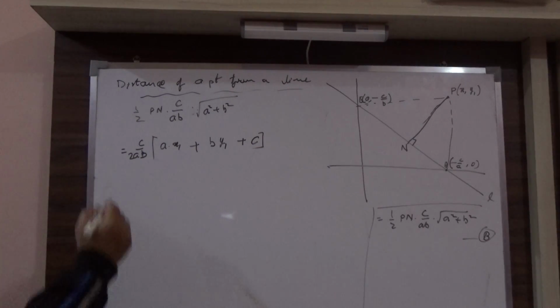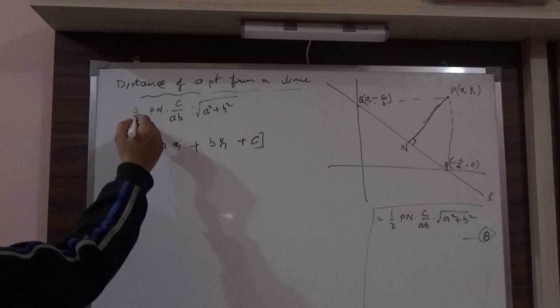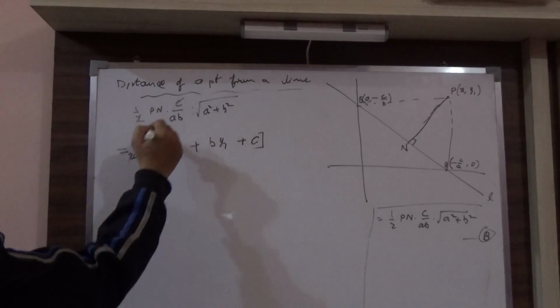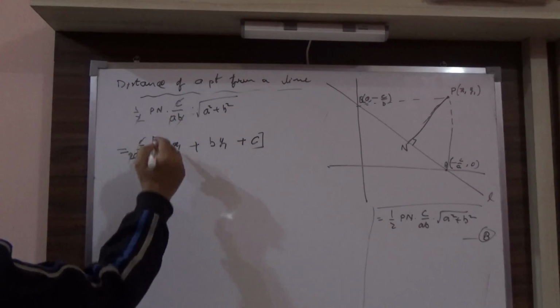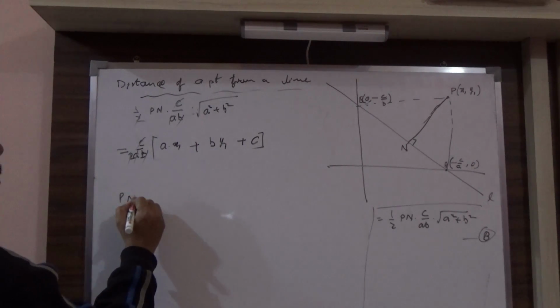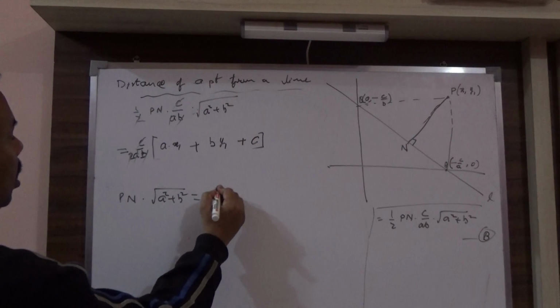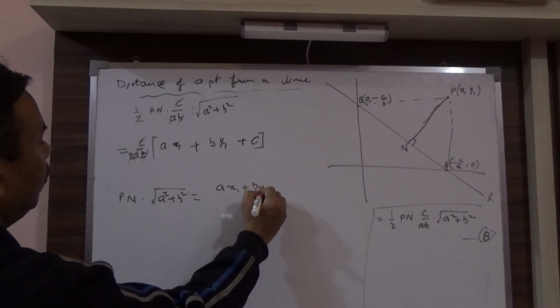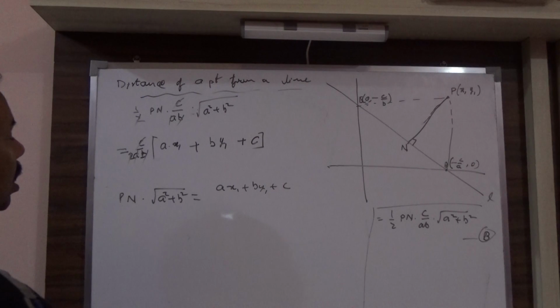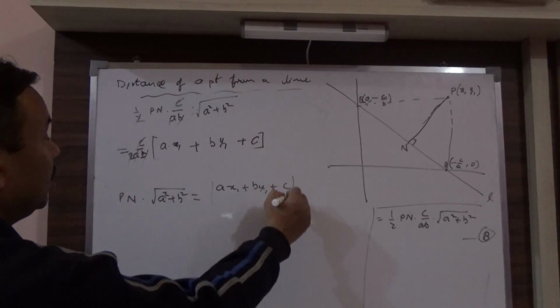Now if these two are equal, then 2 is cancelled, C is cancelled, A is cancelled, B is cancelled, everything is cancelled. So now PN multiplied by square root of A square plus B square is equal to what? Ax1 plus By1 plus C. That is only, or I can say modulus of this.